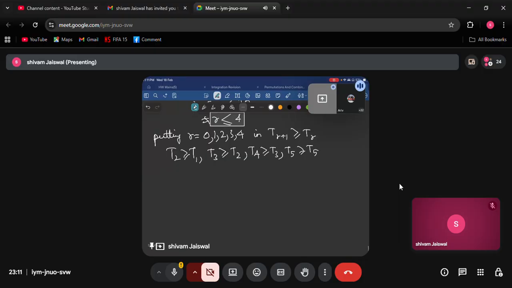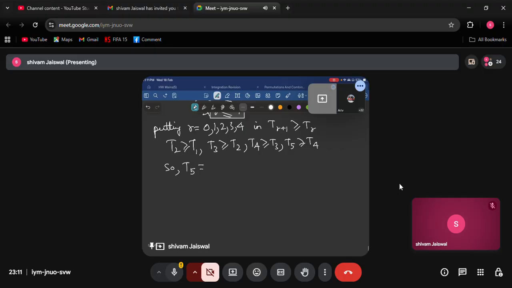Ultimately you have to find out T5. T5 is equal to 9C4 into 3 to the power 5 into 2 to the power 4. This is your correct answer.